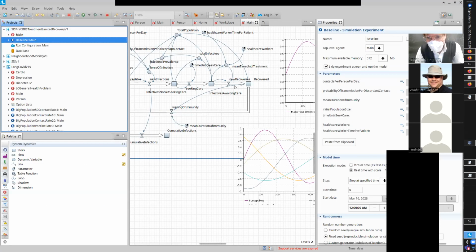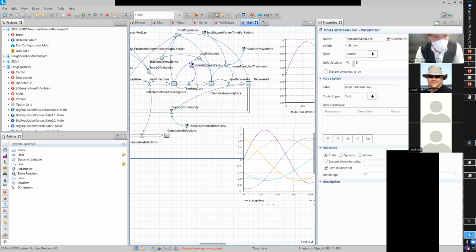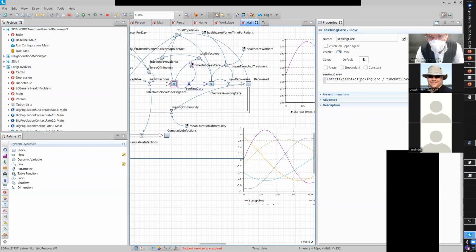Okay, so we put in place this new recoveries. The idea is that we have infectives awaiting care divided by this. I don't see a problem with that. Time until seek care, I don't see a problem with this because we just have this divided by that.